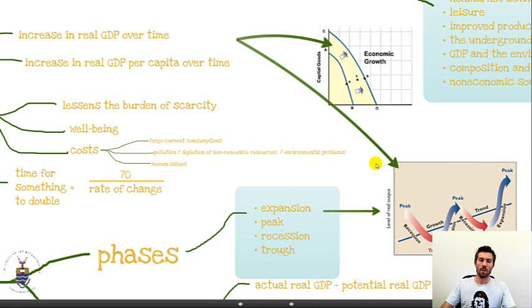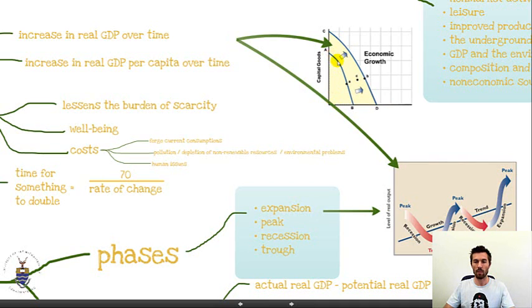Cool? What are the costs of growth, however? Well, remember we said that if this was consumer goods on our x-axis, the more consumer goods we consume in any one period, in other words, the further we are down this curve, the closer we are to the x-axis, the more consumer goods we're producing and the less capital goods we're producing, the slower our growth.